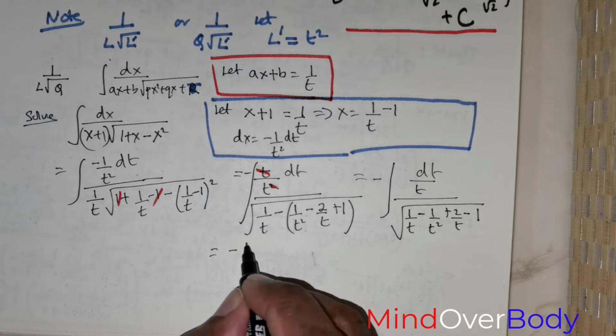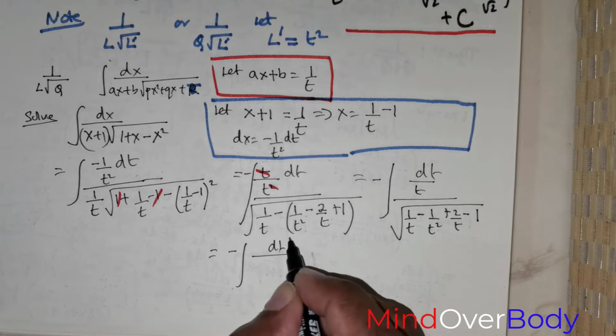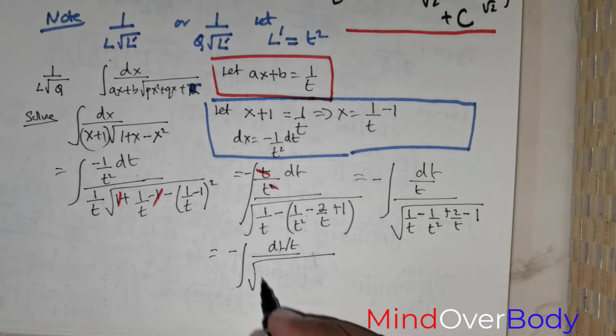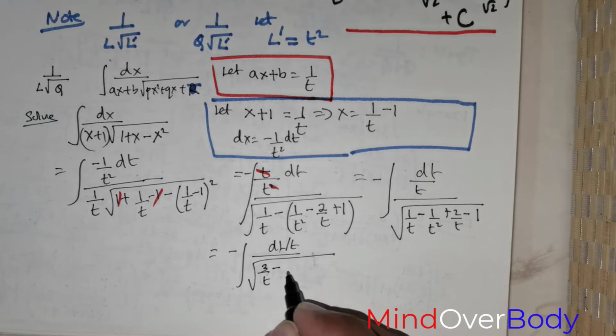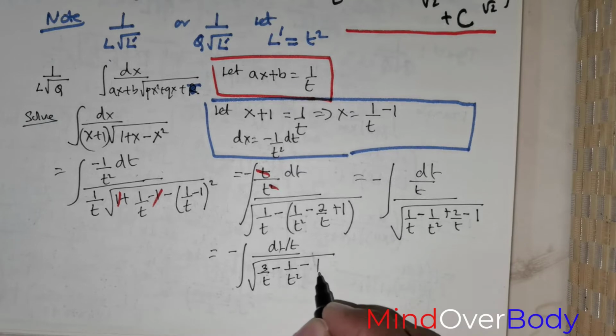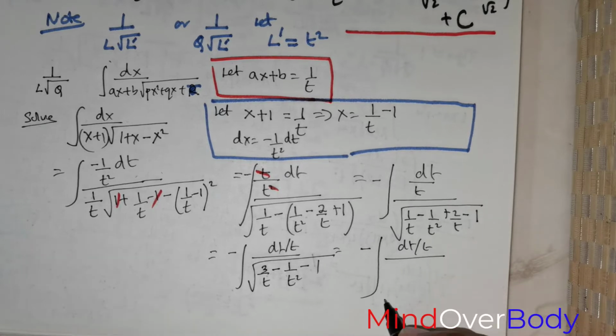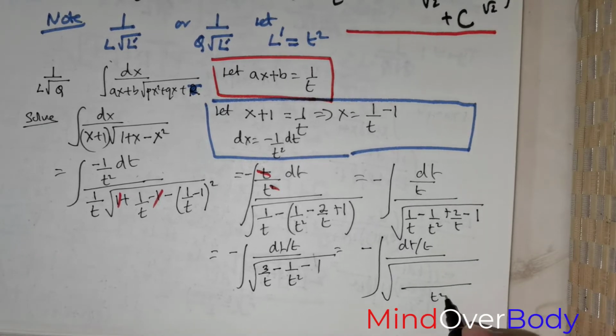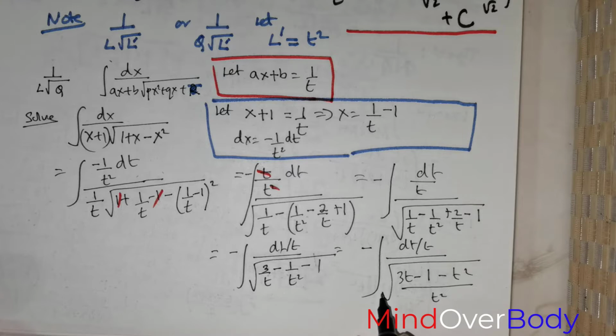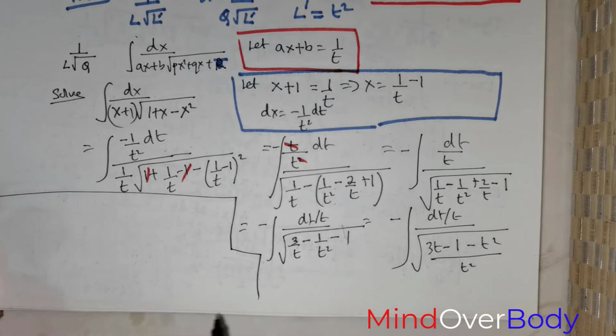So this is equal to negative integral dt over t divided by root of 3/t − 1/t² − 1. Now let me take the LCM as t². So it's going to be 3t − 1 and −t². If I bring the t² out, it's going to be 1/t, so I can flip the 1/t out. So this is exactly what's going to happen.